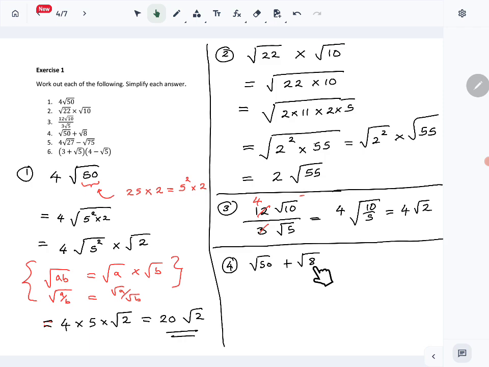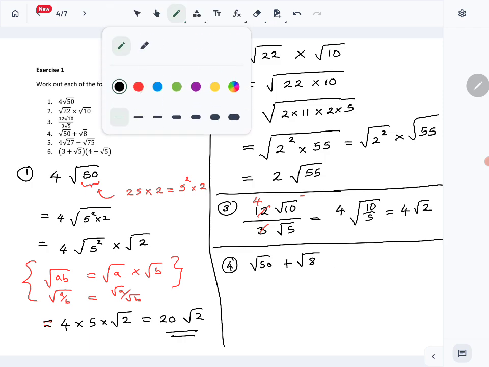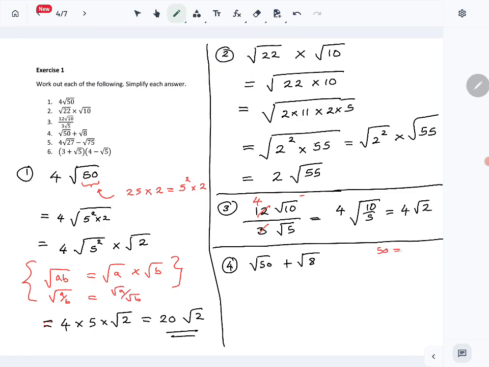This also write as a square number times another number. So what is 50? 50 is 25 times 2 or 5 squared times 2. What is 8? 4 times 2, that is what? 2 squared times 2. So we can use that, right?